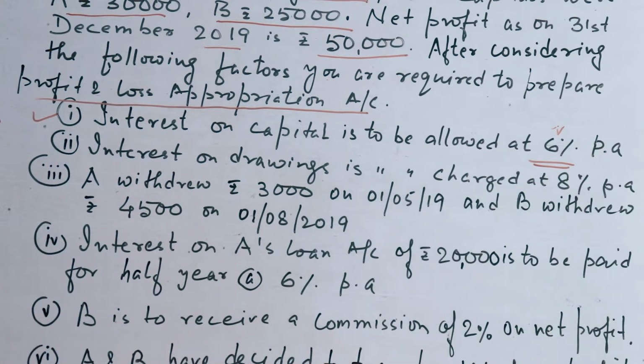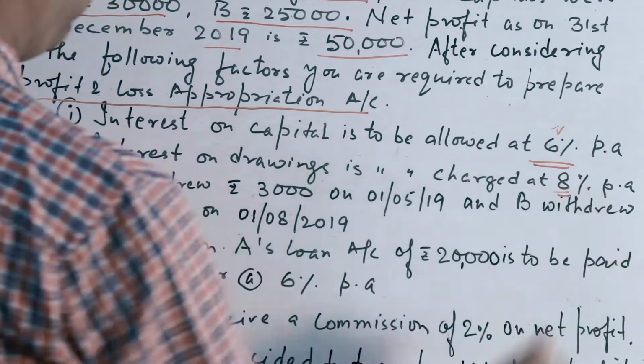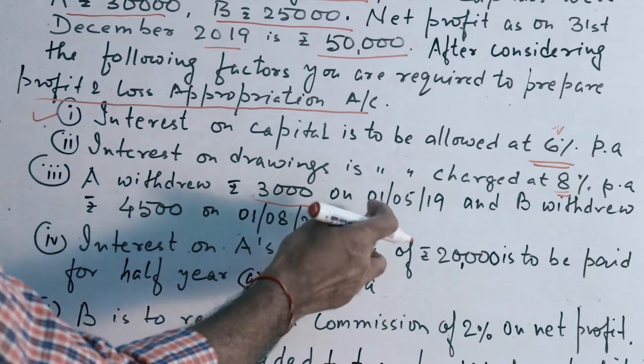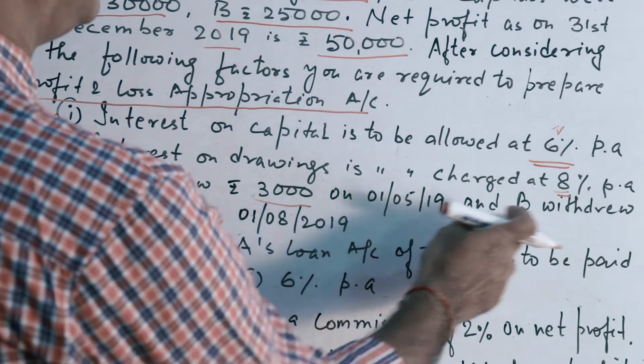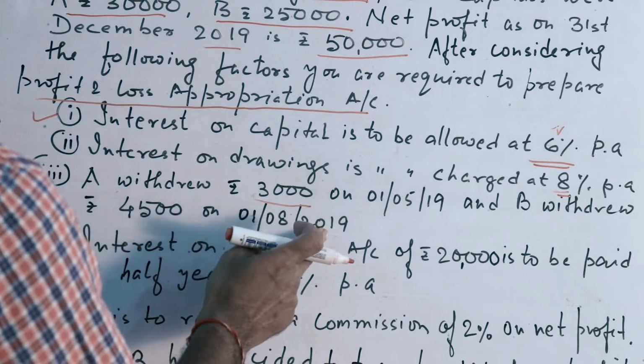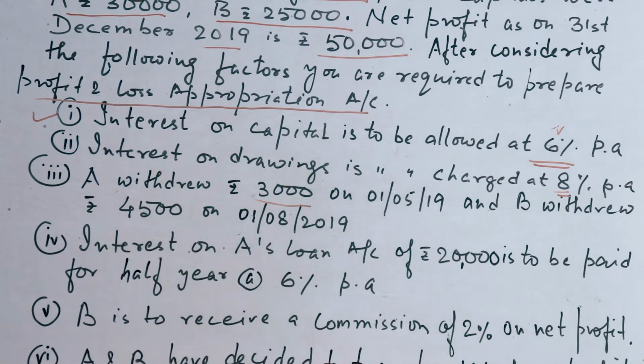If the partners withdraw money from the business, they will pay interest to the firm. The rate is 8%. A withdrew 3,000 on 1st May 2019 and B withdrew rupees 4,500 on 1st August 2019. I will show all the calculations.